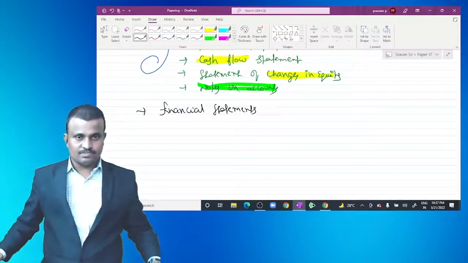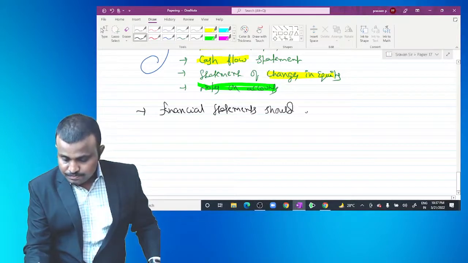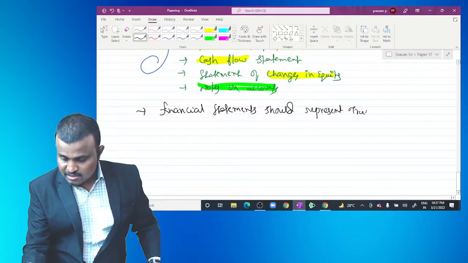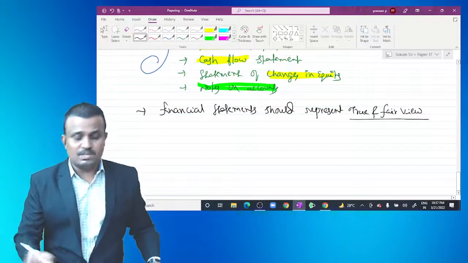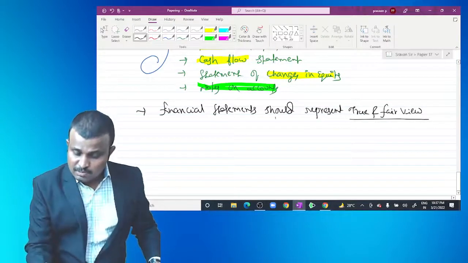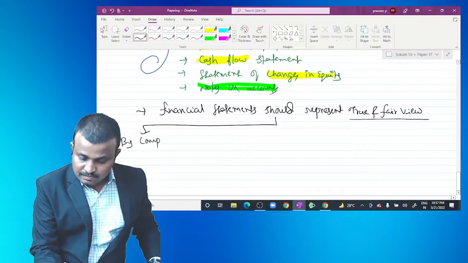A true and fair view. True and fair is possible when they are prepared by complying with all laws and regulations.